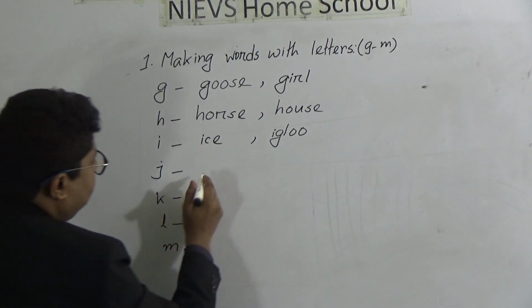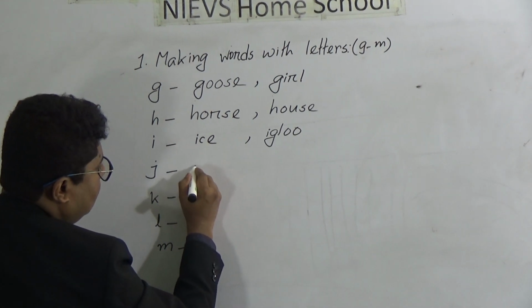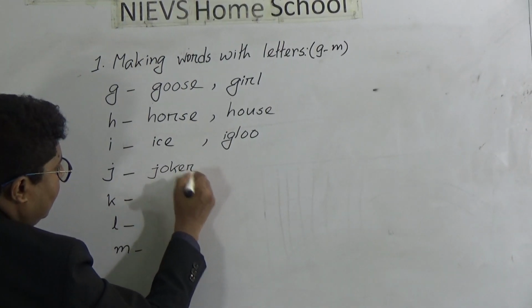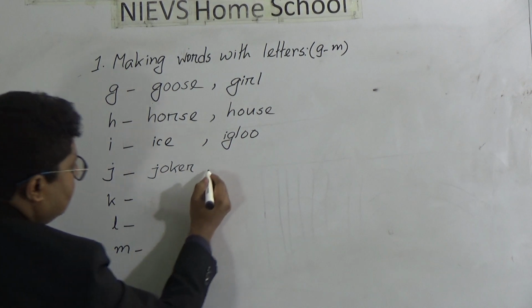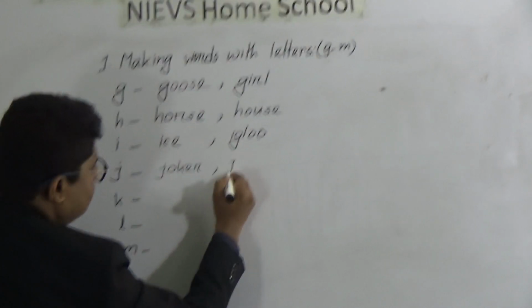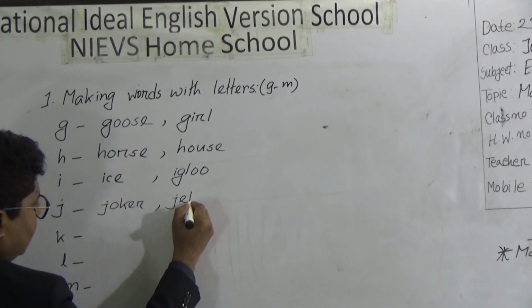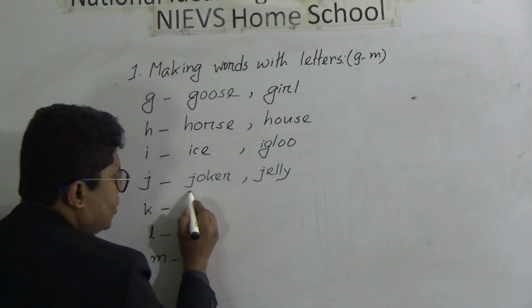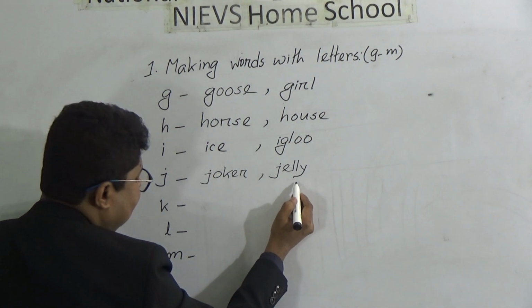Next number, J. J for joker, J-O-K-E-R, joker. J for joker, comma, J for jelly, J-E-L-L-Y, jelly. Okay, J for joker, J for jelly.